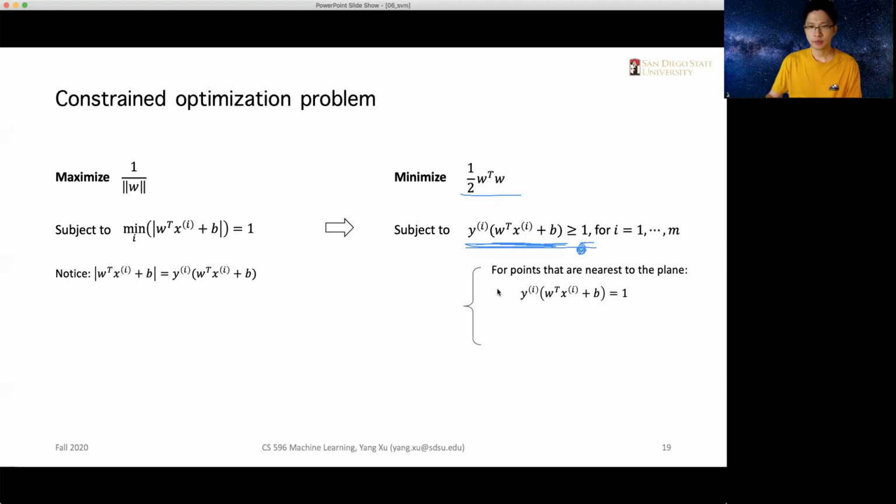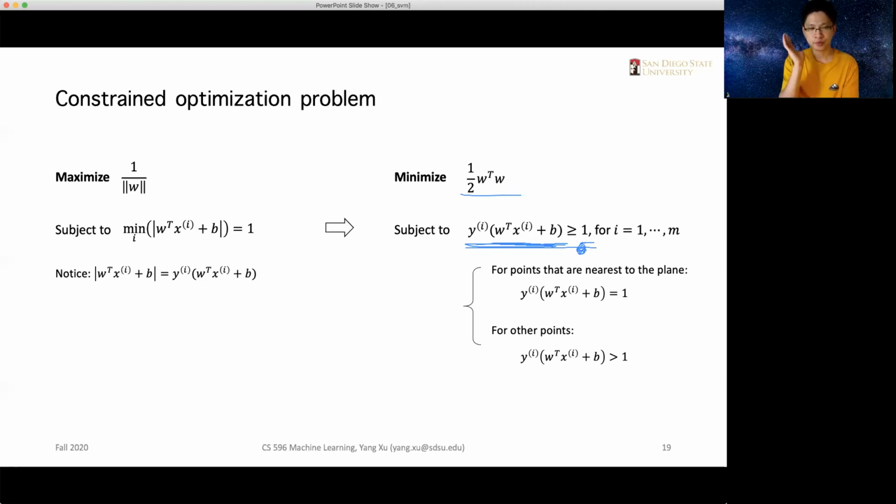So it becomes a very typical constraint optimization problem with constraints in the form of inequalities.